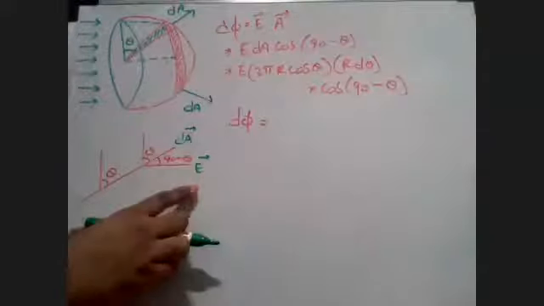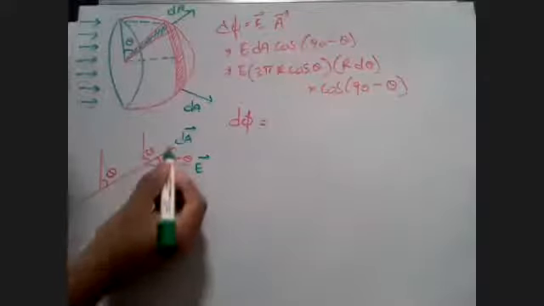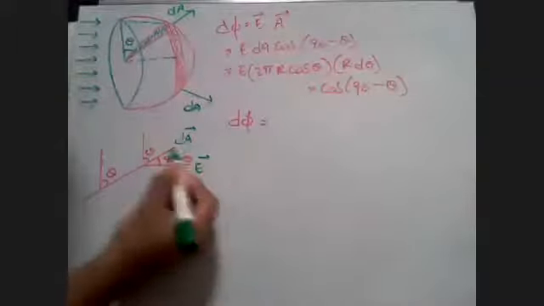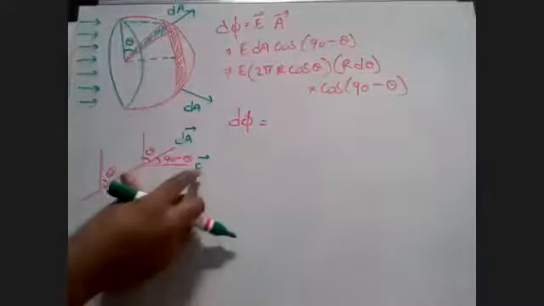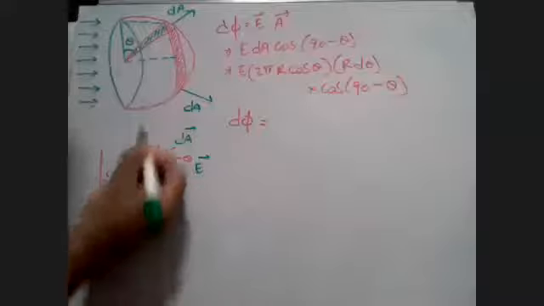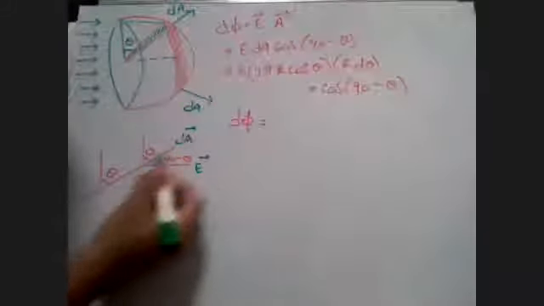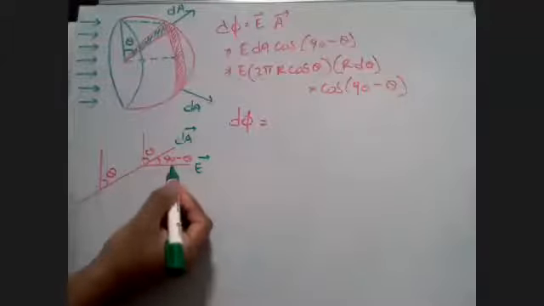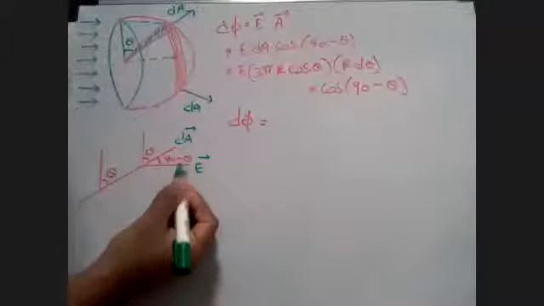Now what I said, if this is the electric field line along the x-axis, and this is the area, I'm talking here only, I've just separately drawn it. So if this is the electric field line and this is the area vector, it's going to make an angle 90 minus theta. I explained this in the last lecture. How is it going to make 90 minus theta?